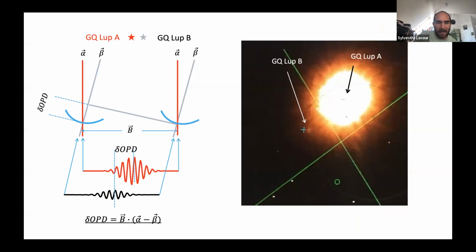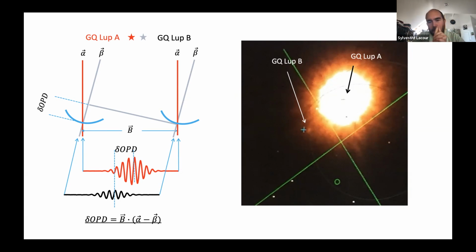Let me explain that to you by a simple diagram. So on the left, you have the two interferometers in red, so that's the fringes observed on the fringe tracker on the star. So they are bright, they are shiny. And on the right, you have the faint fringes observed on the exoplanet or on the brown dwarf.